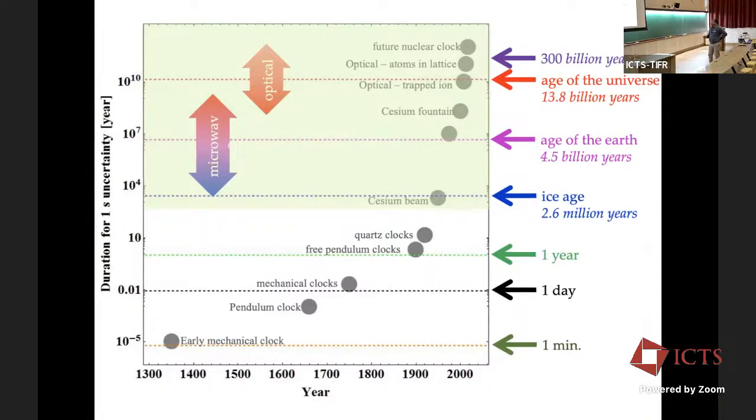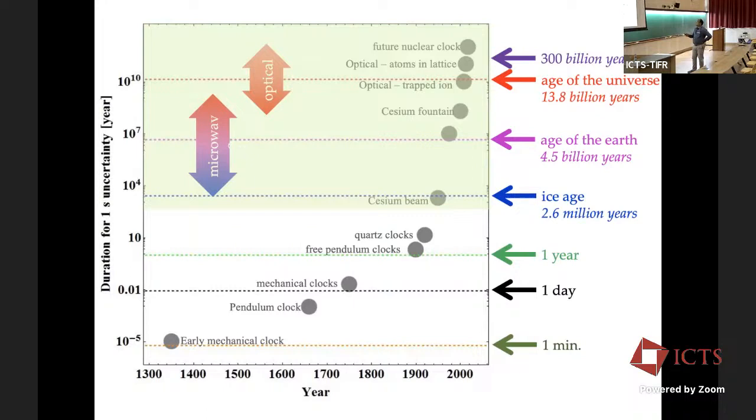You see, over 120 years we have improved enormously in clocks. 120 years is somewhere here, so this was even before cesium beam clocks or something like that. So it was accurate to, am I right? Yeah.